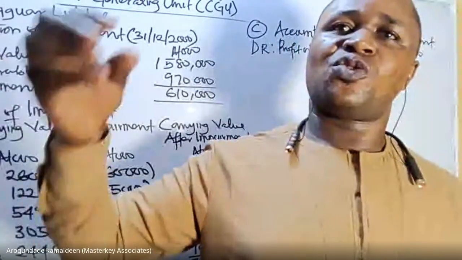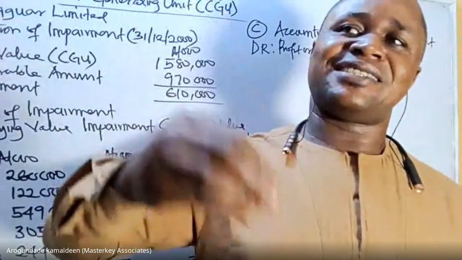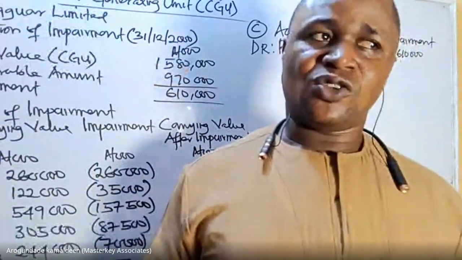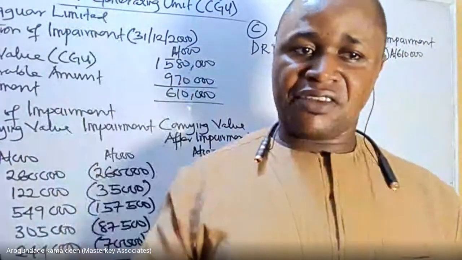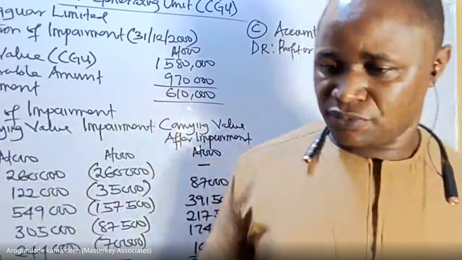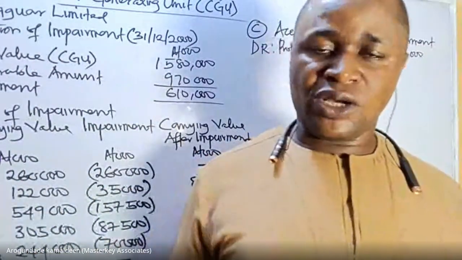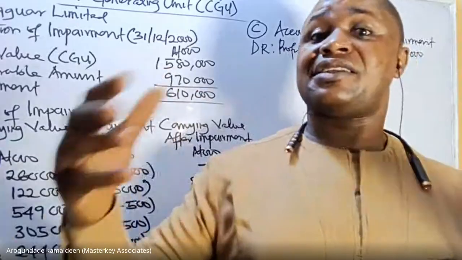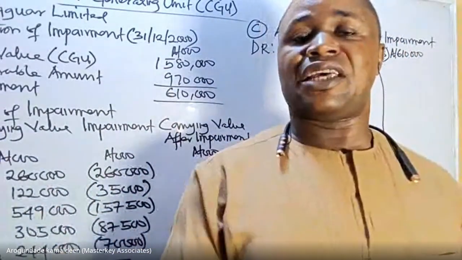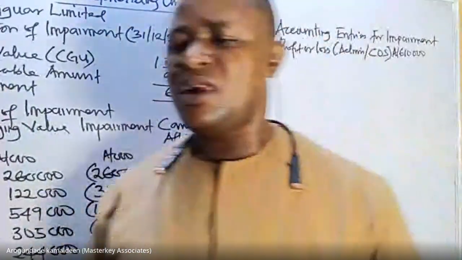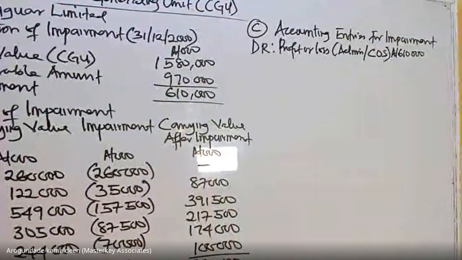So you are going to first of all allocate to that damaged asset to the tune of the available impairment and close. So it means the goodwill will not be affected, let alone the other assets. Are you clear? Yes, sir. Thank you, sir.